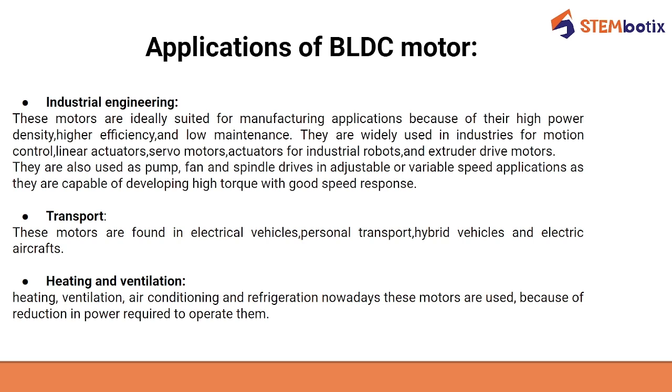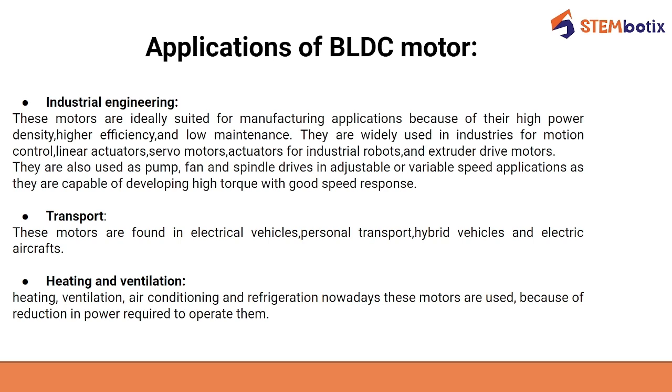Now let's see transport. This type of motor is found in electric vehicles. These BLDC motors are used in electric vehicles, personal transports, hybrid vehicles and electric aircraft. As we have seen in the first part, DC motors are used in vehicles, so BLDC motors are used in transport also.